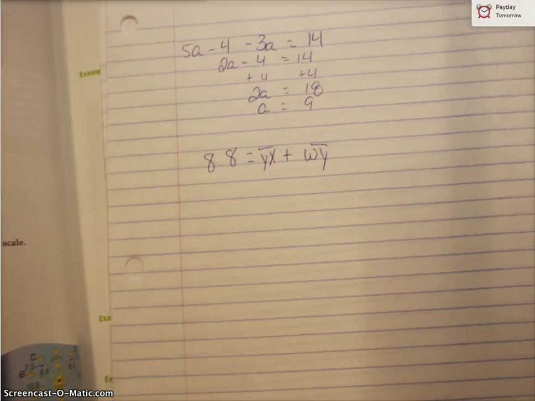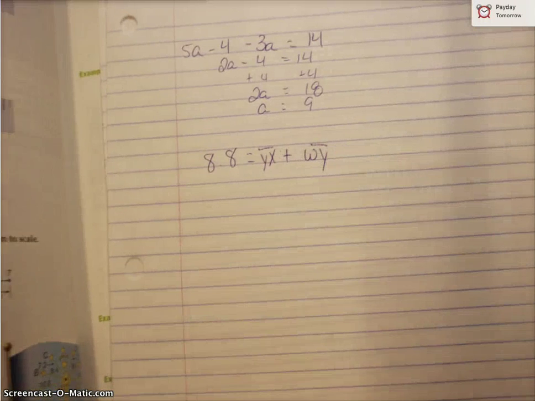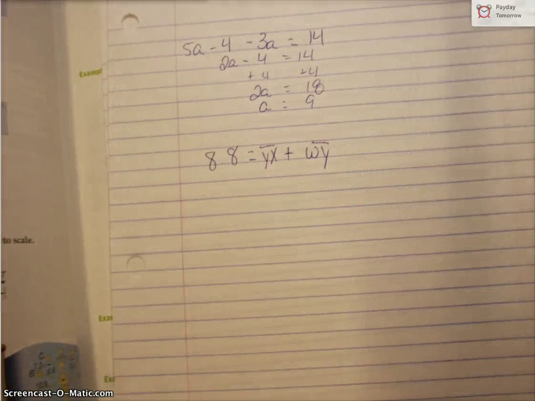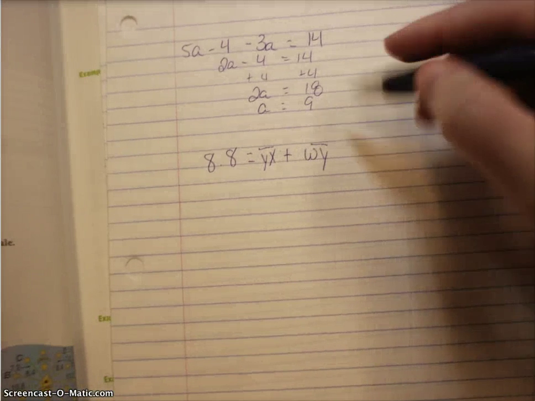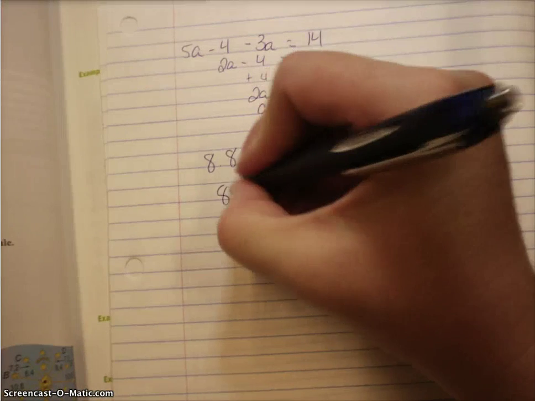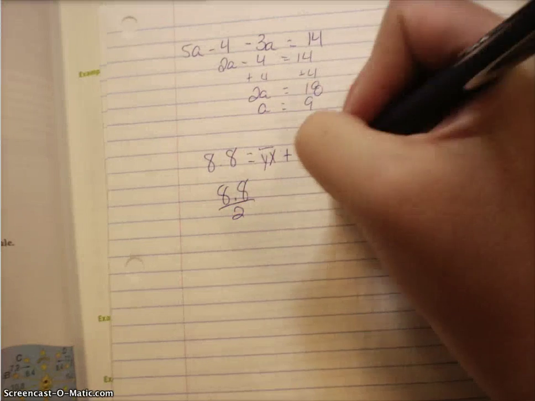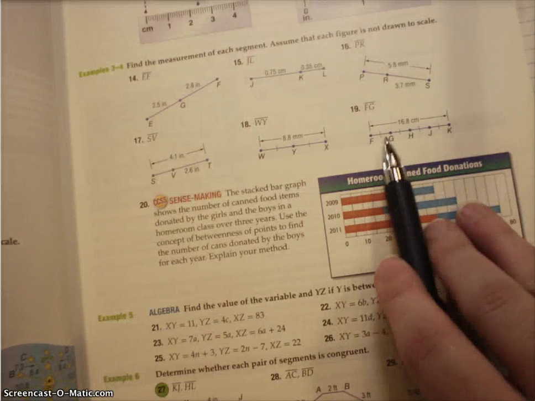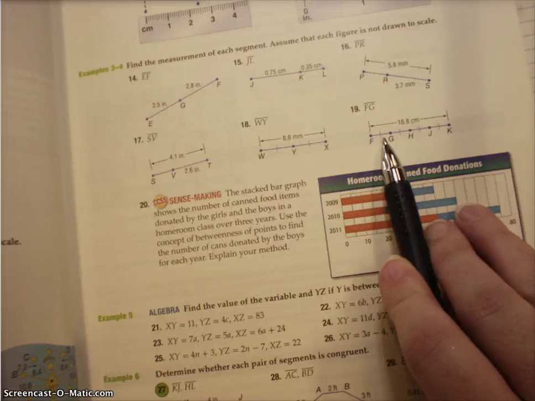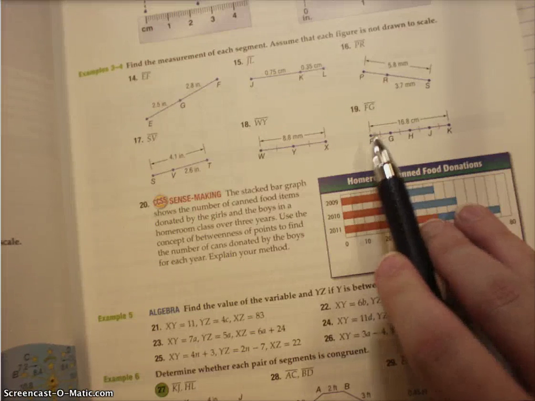That's our problem. But we know that these two are equal. So we can take 8.8 divide that by 2. And then you've got your answer. Okay, so pay attention anytime you see that mark. That means they're congruent, so you know they're equal.